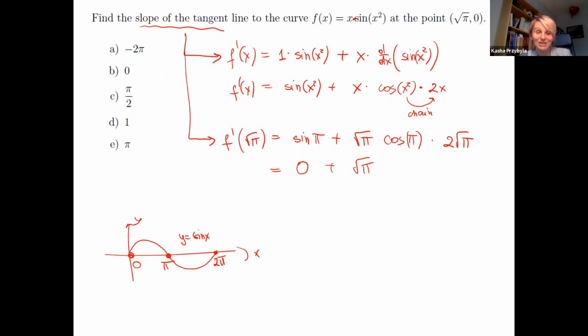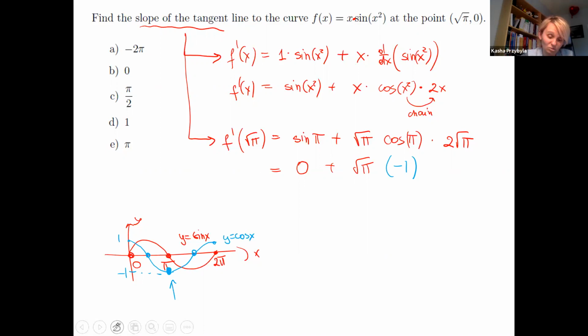What about cosine at pi? Cosine looks like that. This is 0, and that's pi, so the value of cosine will be, yes, -1. The blue curve is cosine.